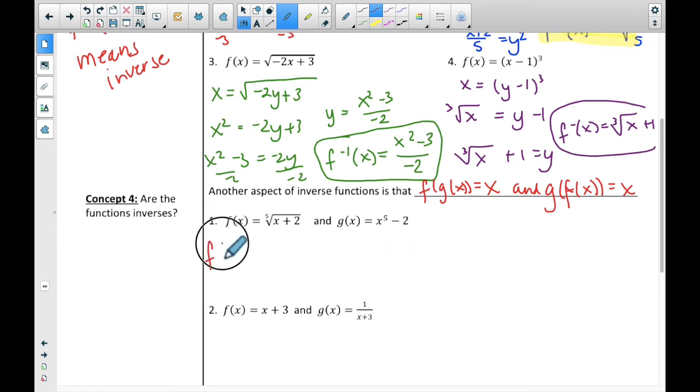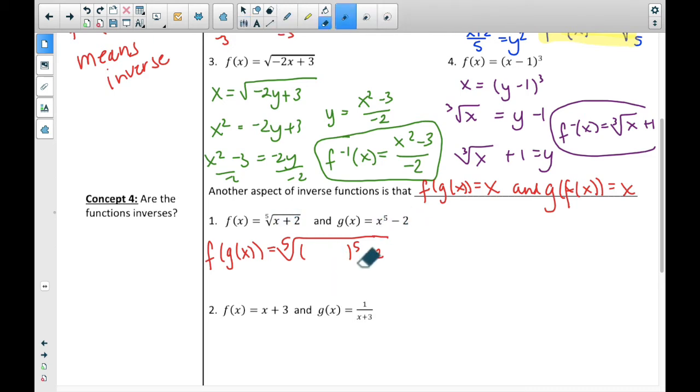So for instance, if we take f of g of x, then I'm going to take my function from f of x, and I'm going to plug in g of x in for the x. And I accidentally had a fifth power. That fifth power is not there. The fifth power is on the inside. So now we're going to put an x to the fifth minus 2 because that's what my function from g of x was.